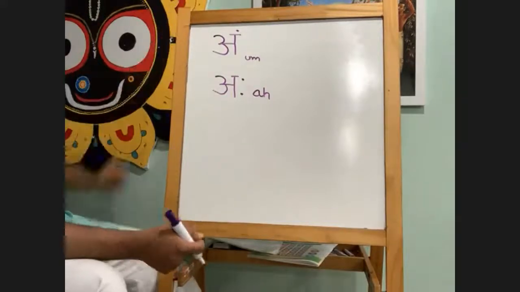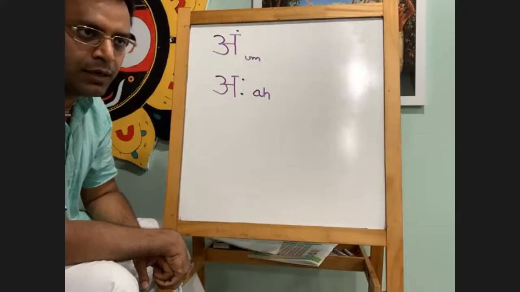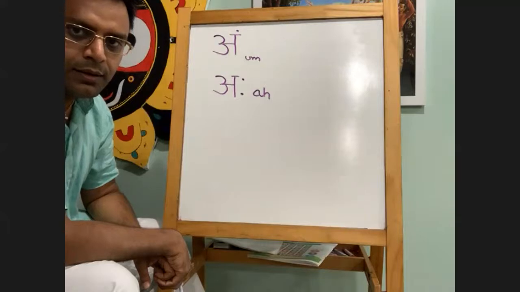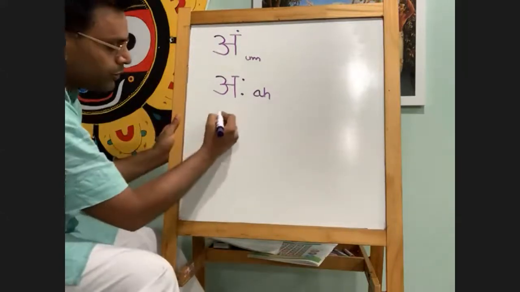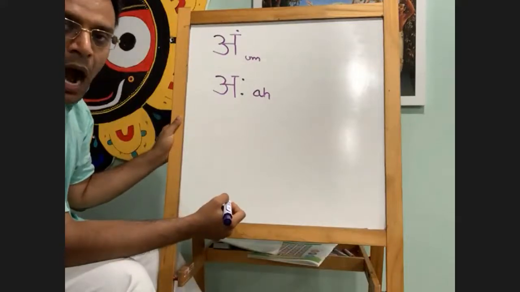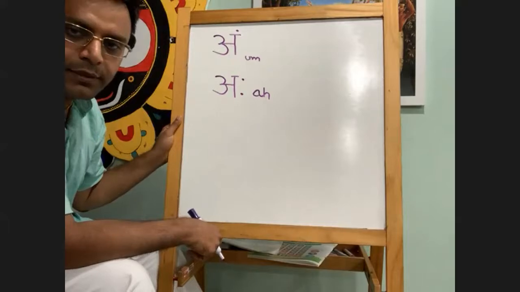Okay, so now we are going to do some words using some of the vowels in terms of the matras. The first word we are going to do is, let's say, using the matra of A, like Rama, right?